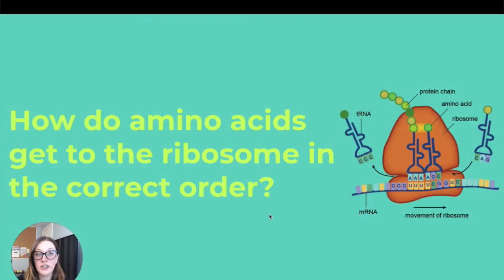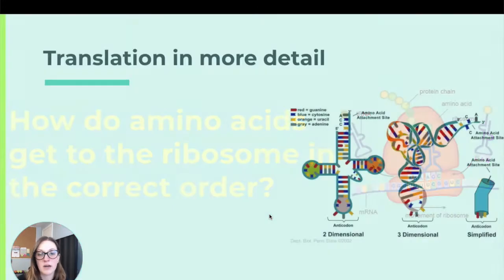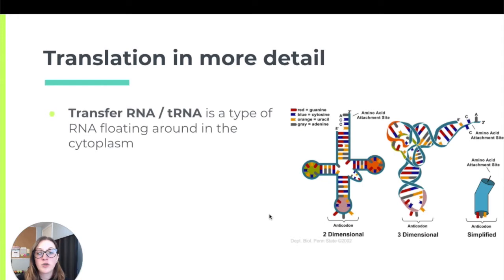So how exactly do the amino acids get to the ribosome in the correct order? This is where another really important type of RNA comes into play. Transfer RNA is shortened to tRNA, and it is a type of RNA that's floating around in the cytoplasm. Like I mentioned, it's a single-stranded RNA sequence that is bound to itself in this conformation, and it looks like a T shape.